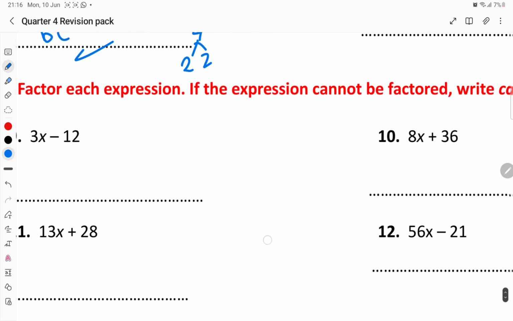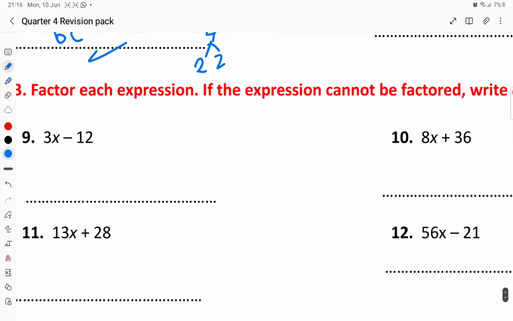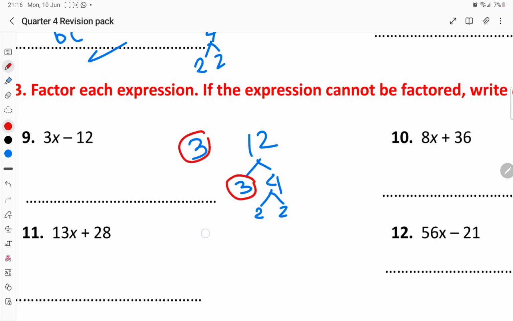Now let's move on to these questions. I have 3x minus 12 and he wants to factor this expression. 3 and 12. 3 is prime, keep it. 12 is 3 times 4. 4 is 2 times 2. If you notice, there is 3 in common here, and if you write it in the more systematic way, 3 and 12, 3 keep it as it is. 12 is 3 times 2 times 2.